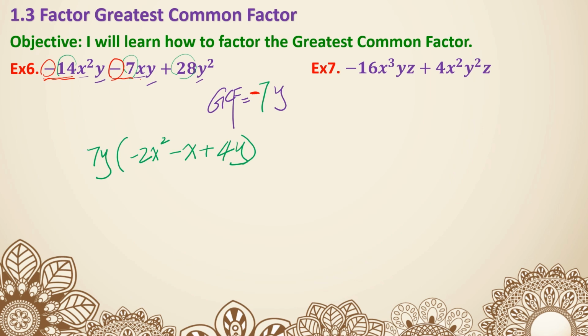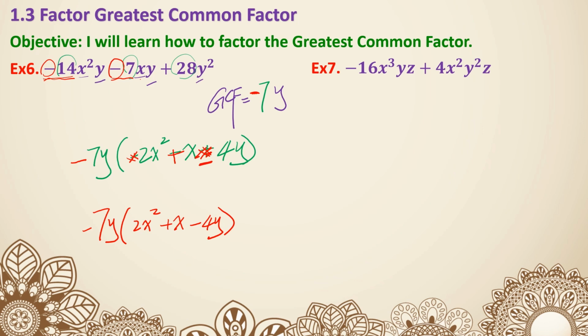So here we go. You're supposed to take out a negative, which means that will be flipped. This will change into a plus. The last one will also change into a minus. So the final answer is negative 7y times a positive 2x squared plus x minus 4y.